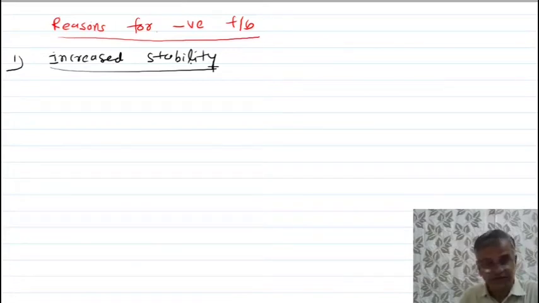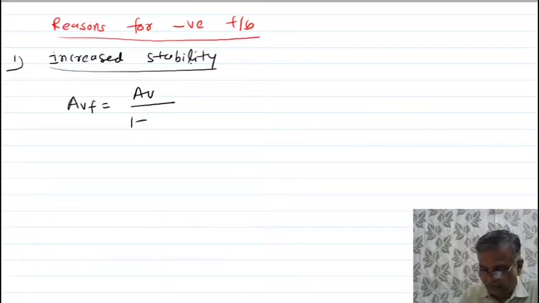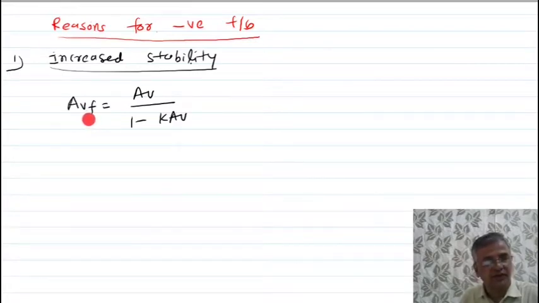So let us justify how the stability increases. We know the equation of the amplifier with feedback. This is the equation of the gain of the amplifier with feedback: AV upon 1 minus KAV.